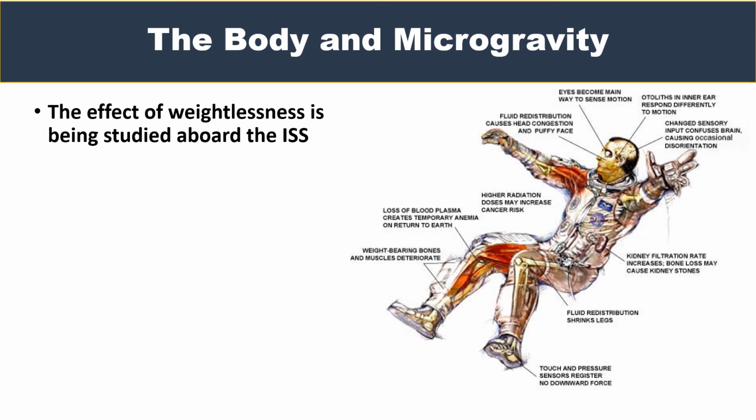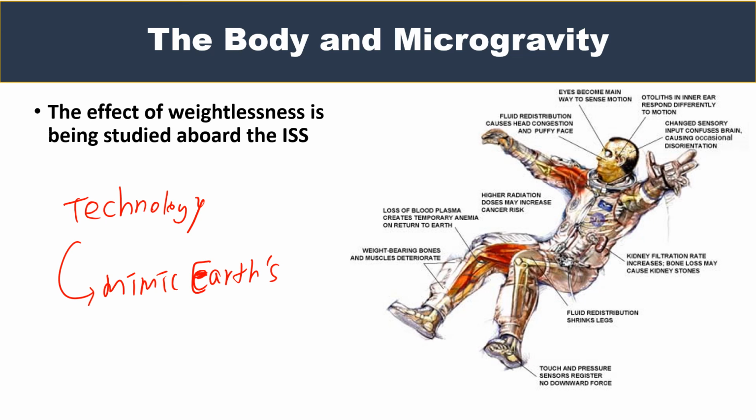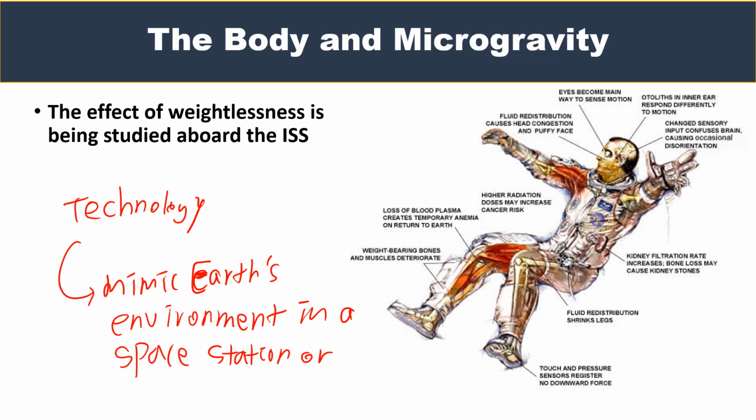Therefore, the effect of weightlessness is being studied aboard the ISS. There is a lot of research happening on how our body can be affected by microgravity, and how our technology can somehow mimic Earth, a capital-E Earth environment, in a space station or a space suit.